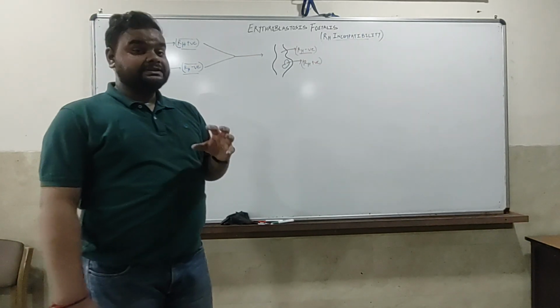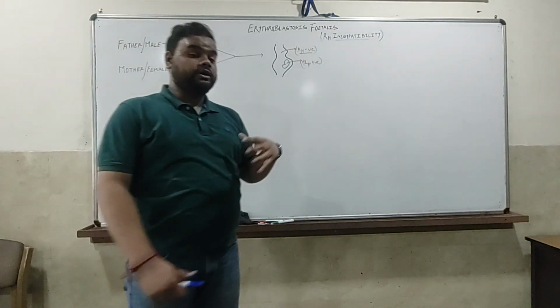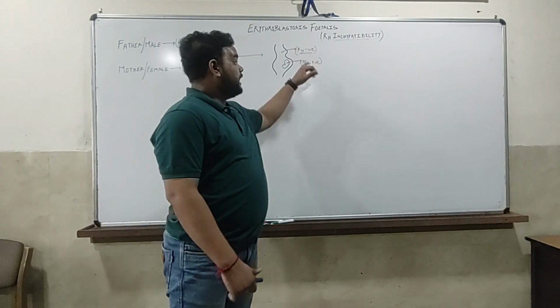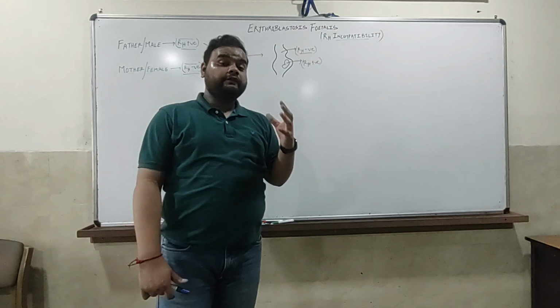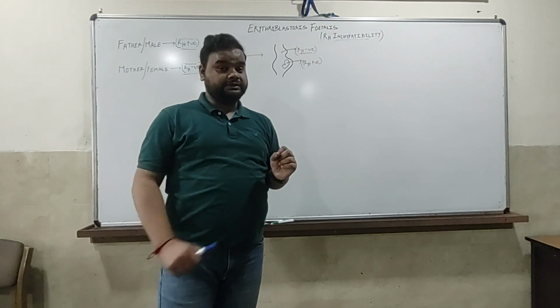But in this case, as the fetus is residing in the womb or in the body of the mother, the Rh positive blood group of the fetus and the Rh negative blood group of the mother has a chance of intermixing.